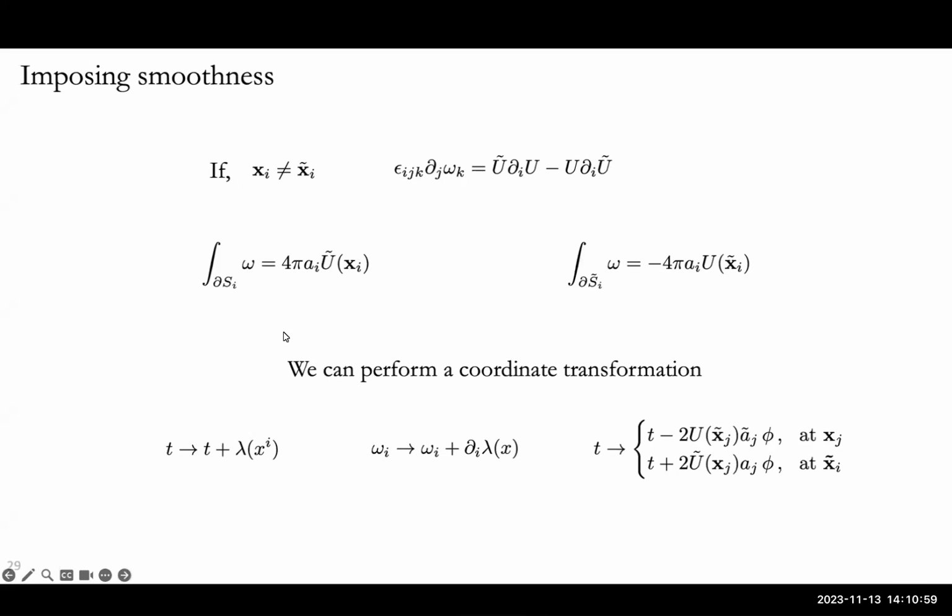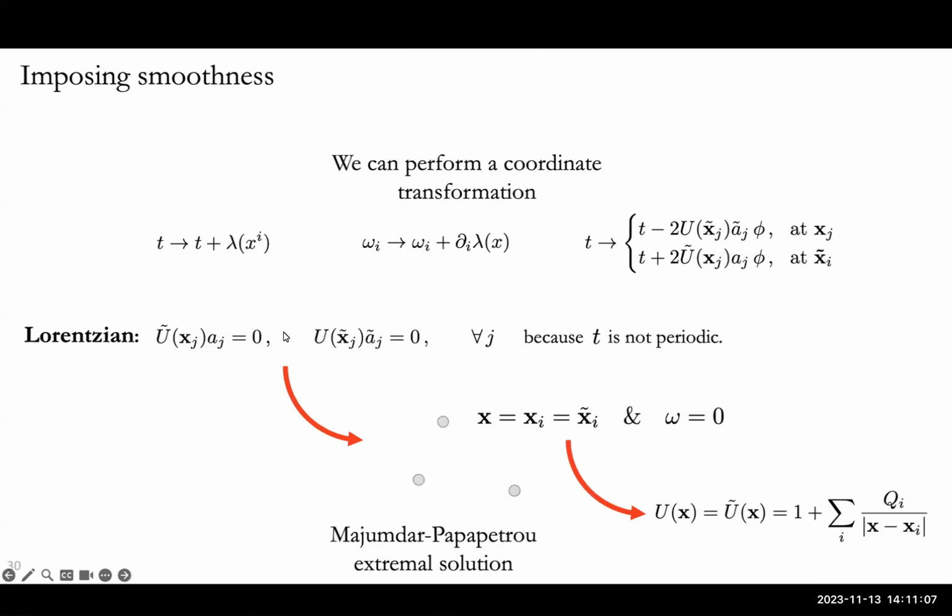Okay, the thing that we need to make sure is that this coordinate change is a valid coordinate change. So let's first look at this coordinate change in Lorentzian signature. In Lorentzian signature, time is not periodic, and therefore this coordinate change is only allowed if u and u tilde are both equal to 0.